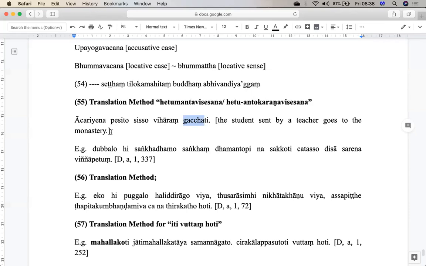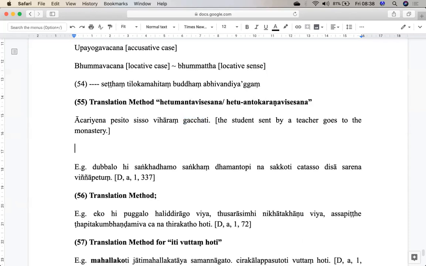That is the other way we can understand it. That word can be a reason, because he is sent by the teacher.